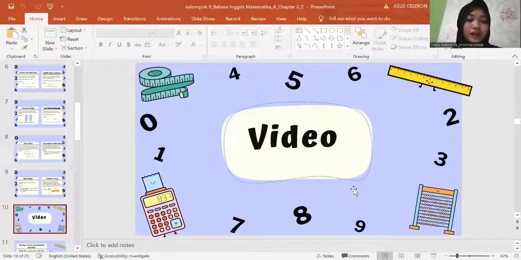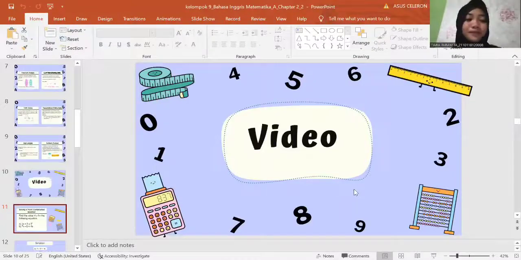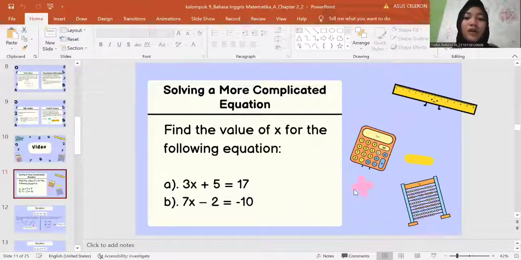Next is the video. We discuss a problem in the video. Okay, solving a more complicated equation. Find the value of x for the following equations. A, 3x plus 5 equals 17.